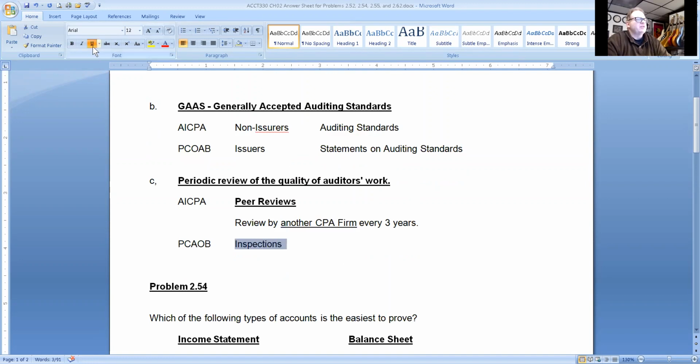The PCAOB, so this is for the issuers. Any question on that one, on the peer review? So if you're a member of the AICPA and you do audits, every 3 years, you have auditors come in and look at your work. And by the way, you have to pay for them, just like the people pay for an audit. You have to pay for them to come in and audit your work papers, audit your work.